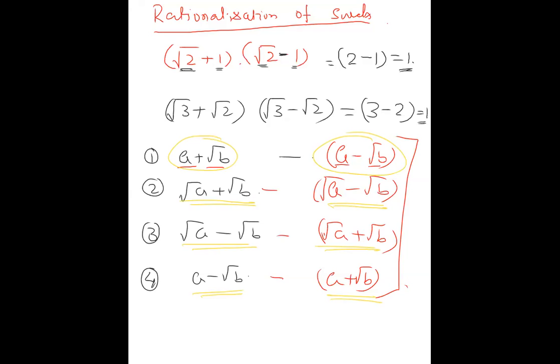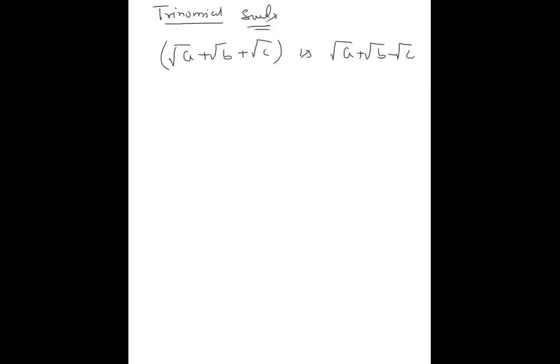So next page, if I'm saying like if there are trinomial surds, right? The number given root A plus root B plus root C. So interesting part is you can take any combination, or you can say the rationalizing factor for this will be one of these three contain the minus sign, right?